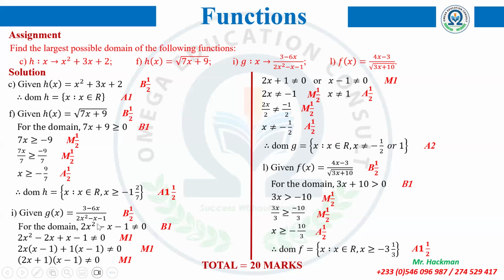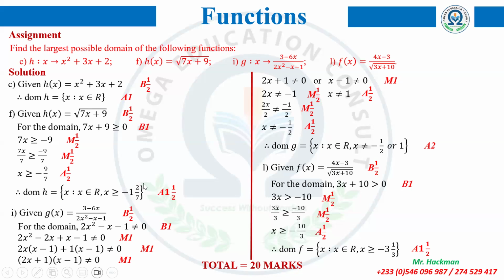After that, you use the zero product rule to set each of the factors to 0. So 2s plus 1 should not be equal to 0, and likewise your second factor should not be equal to 0, because the symbol there is not equal to. If you use equal to 0, you are doomed. Please take note, unless you are looking at the except situation.